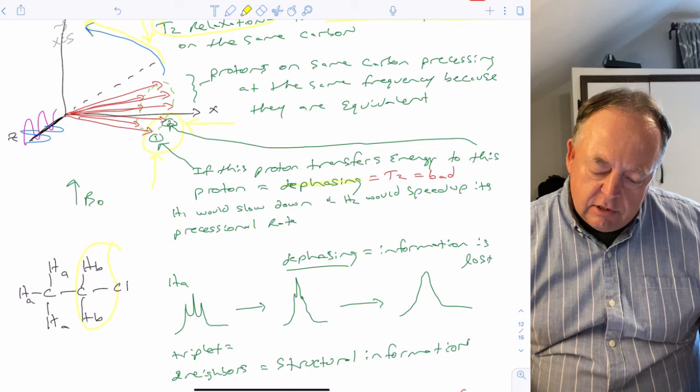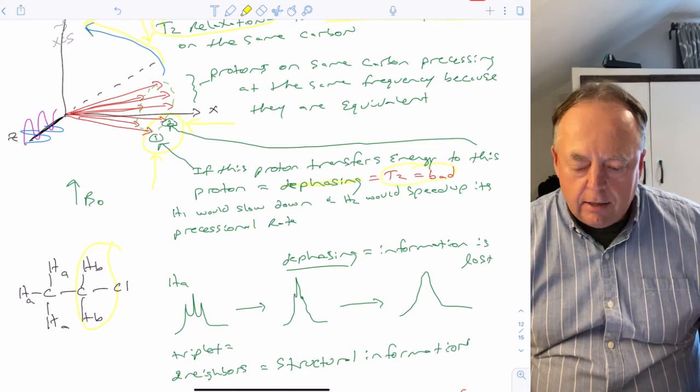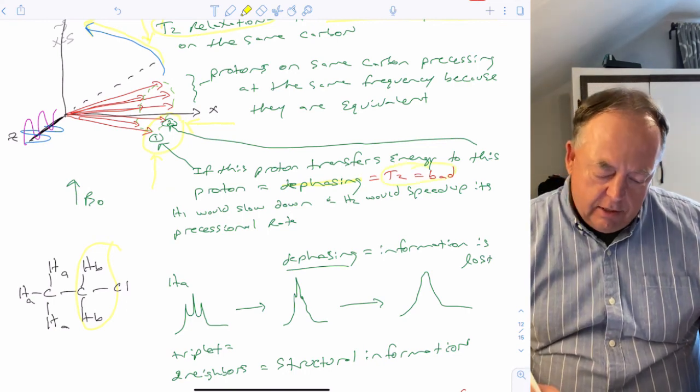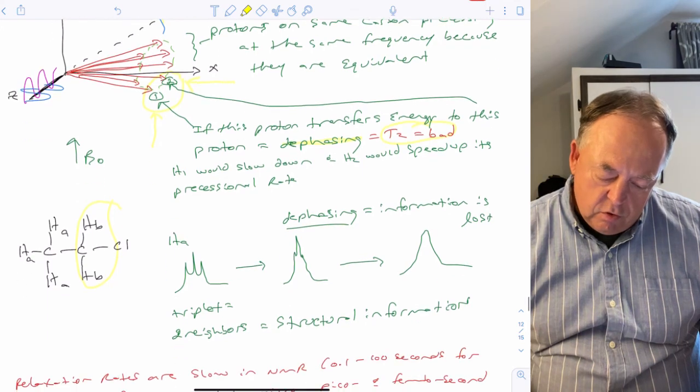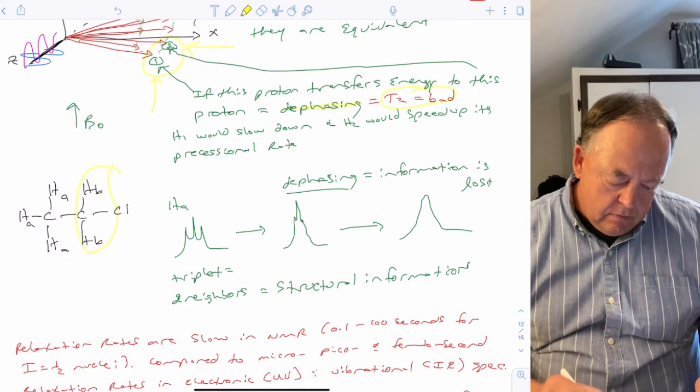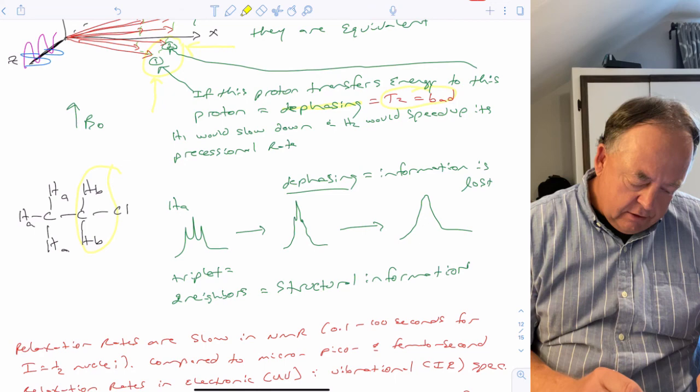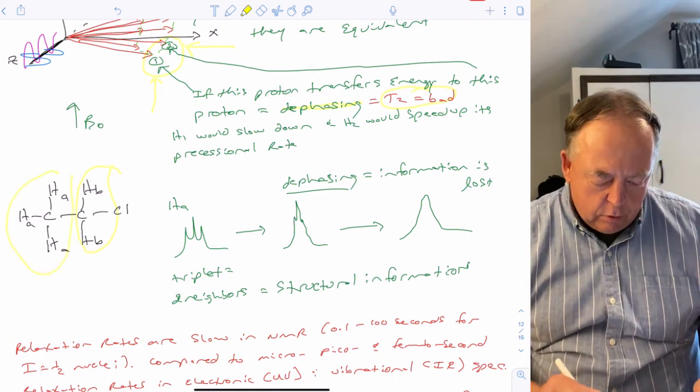That's what happens in a T2 relaxation process, and that would be bad. This diagram's for HA, which would initially be a triplet.